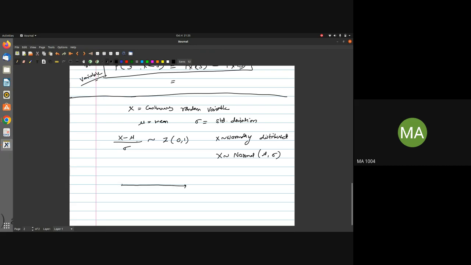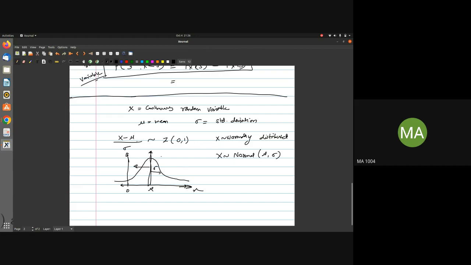So for example, let's say how my normal distribution will look like. Suppose it is like this, right? It is having some mean mu x, and some standard deviation sigma. When I subtract mu, it will shift, so the mean will shift to x equals 0.